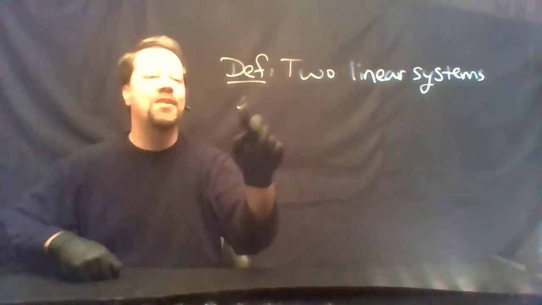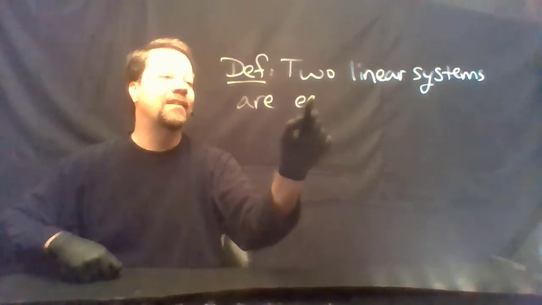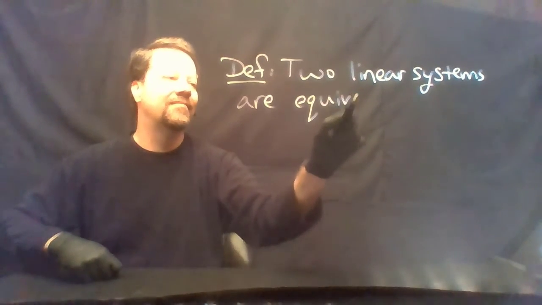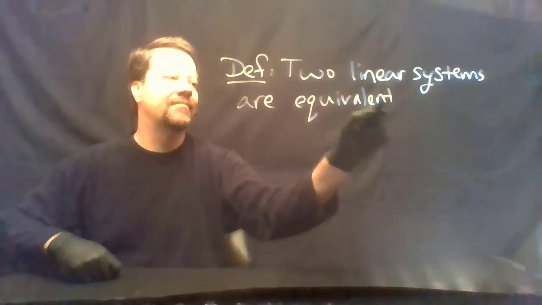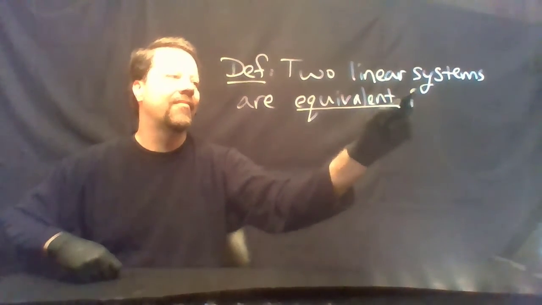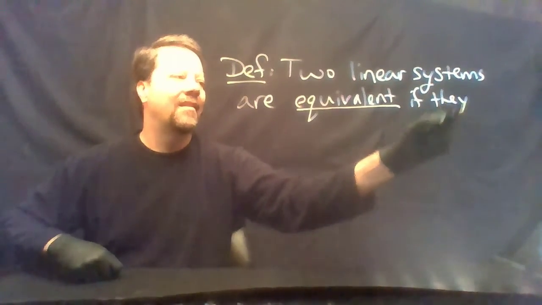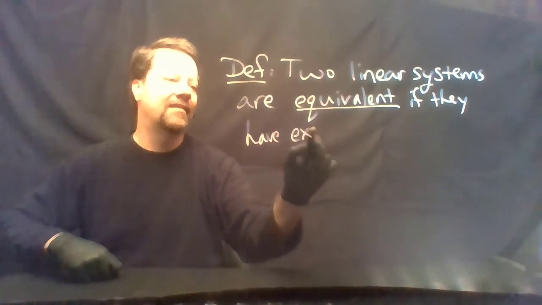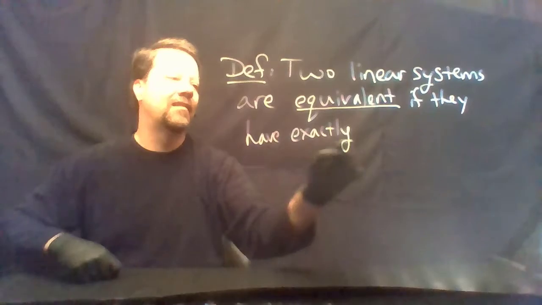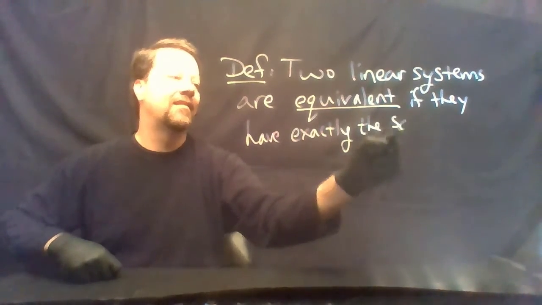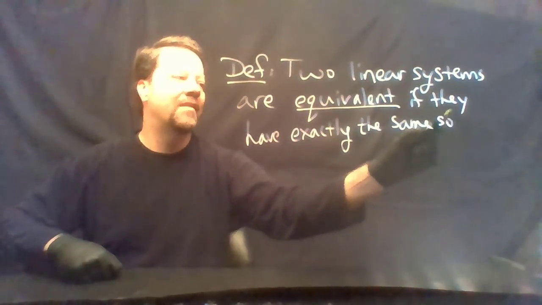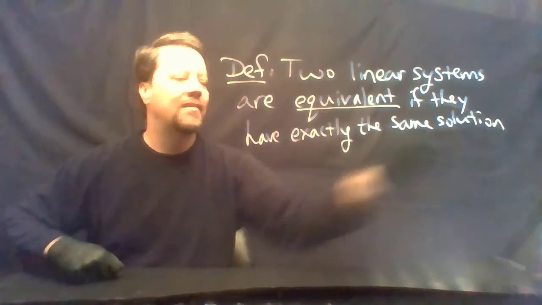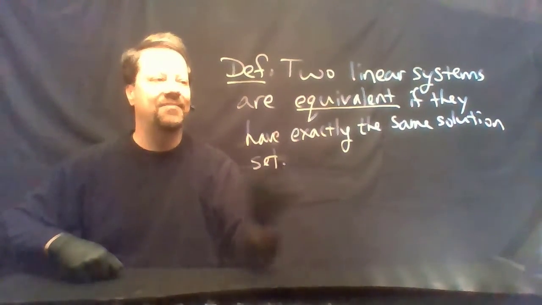Two linear systems are equivalent if they have exactly the same solution set.